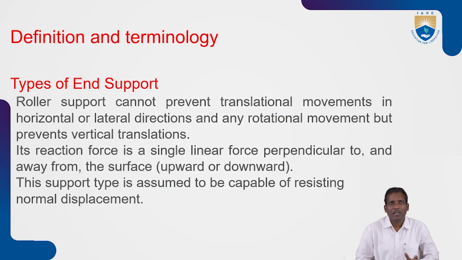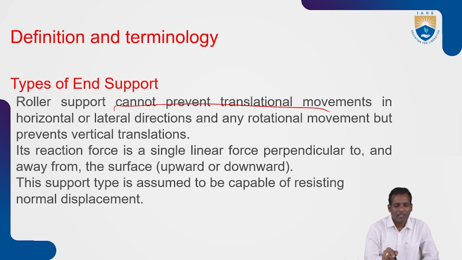Now, coming to the types of end supports. So, the roller support cannot prevent translational movements in horizontal or lateral directions, and any rotational movement, but it prevents vertical translation.